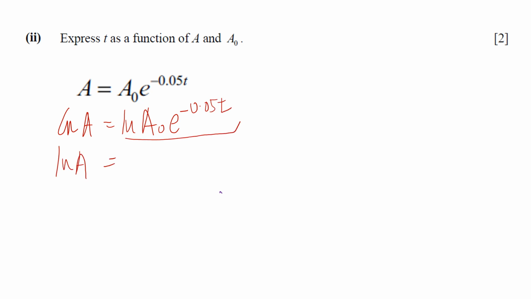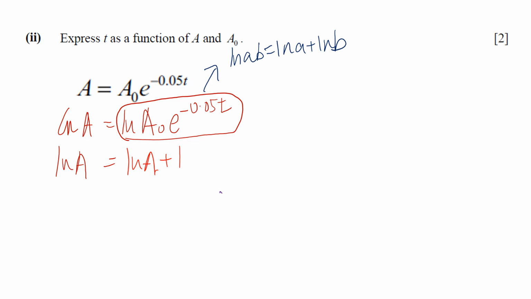And this one here, you just apply your product law. So that gives you ln A plus ln A subscript 0, and then because we're going to make t the subject, I will just minus ln A subscript 0 on both sides.